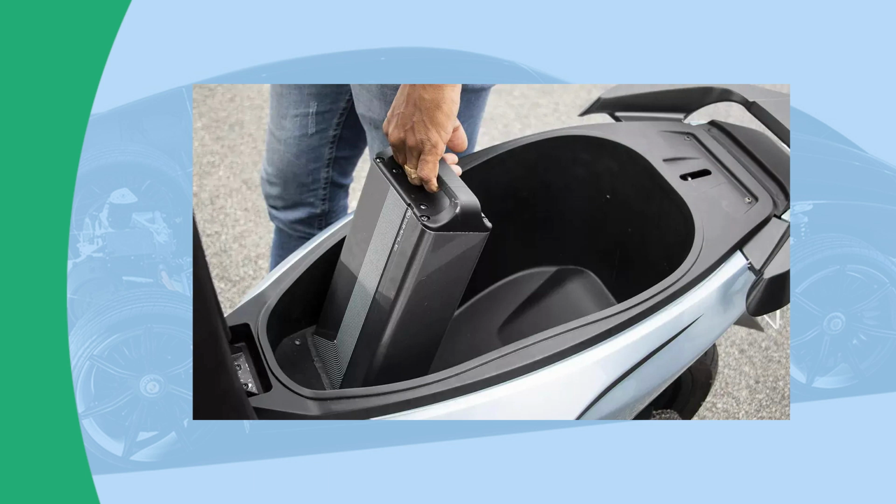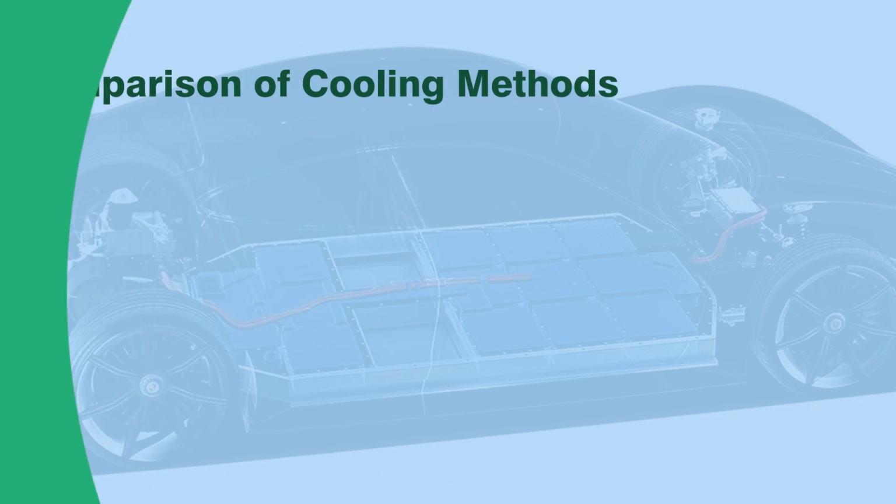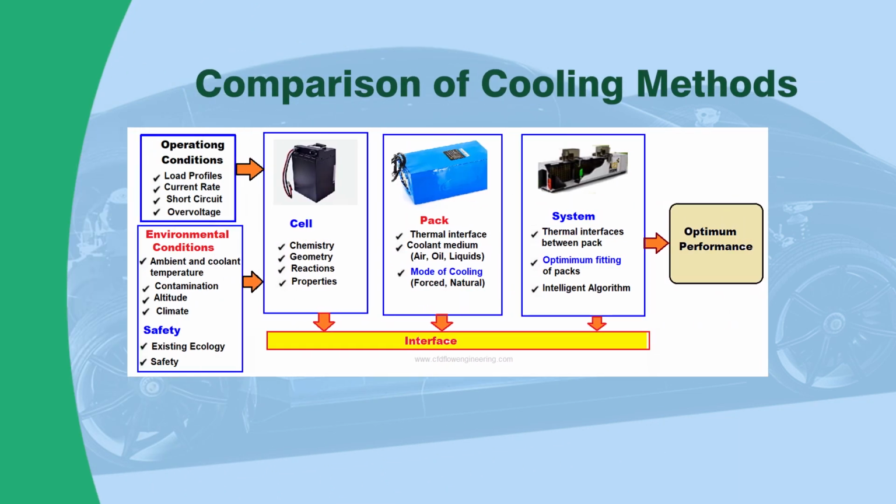So, the geometry also matters, and even in the pack you may have a uniform rectangle or square shape, or some battery packs will have 2-3 cells above the complete system and so on. All these will affect the optimum performance of the cooling system. And the next is the thermal interface which you have placed in the pack, whether the coolant medium along with the modes of cooling, all these aspects should be considered.